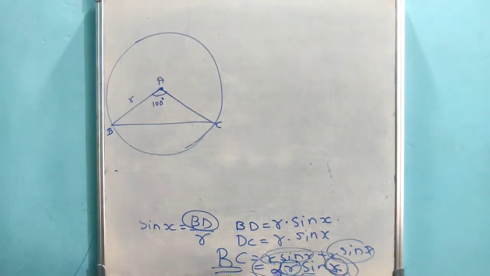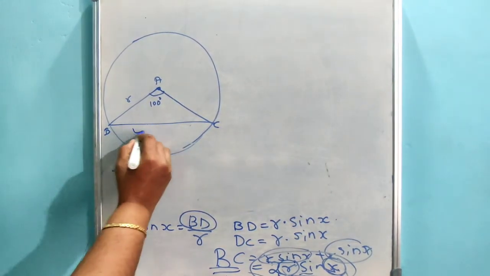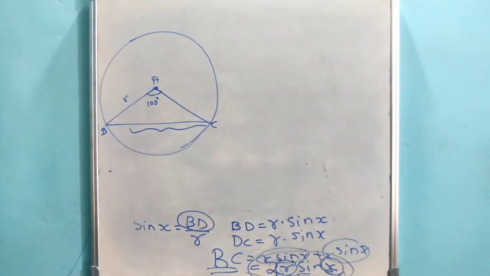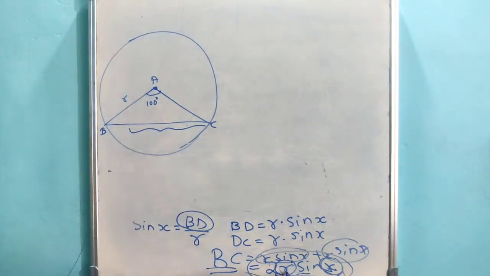Using this formula, can we find out the length of this chord BC? Using the formula, 2R sin x is the length of the chord BC. What is R here? R is the radius, that is given as R itself.